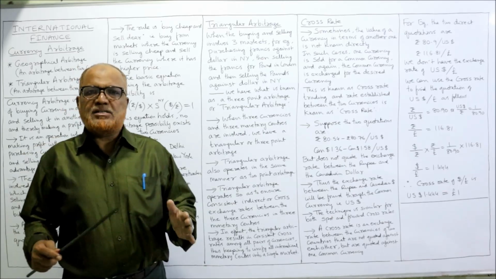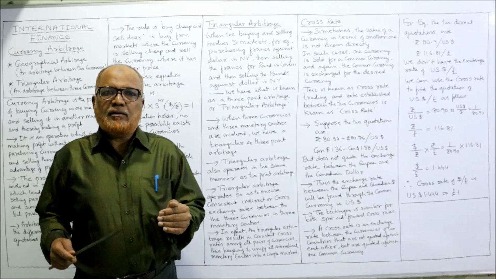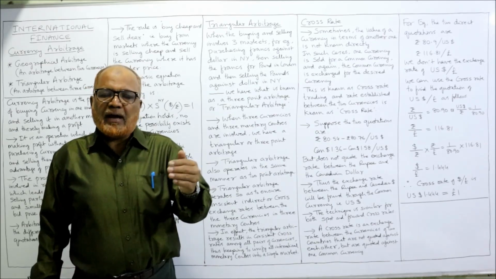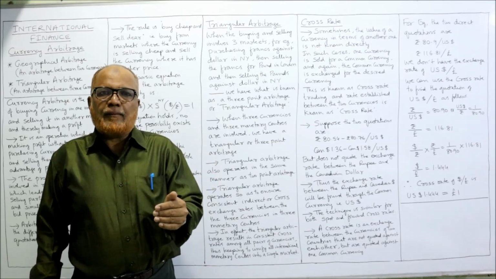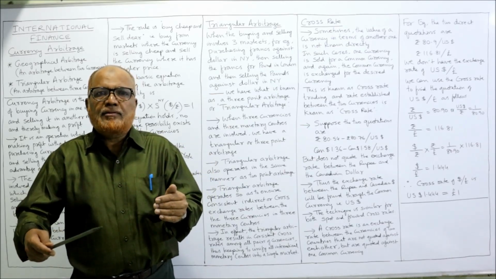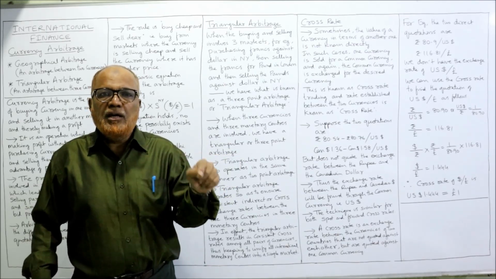For example, a person has purchased the French currency, franc, FFR, by giving dollars. He paid dollars and got francs in New York.